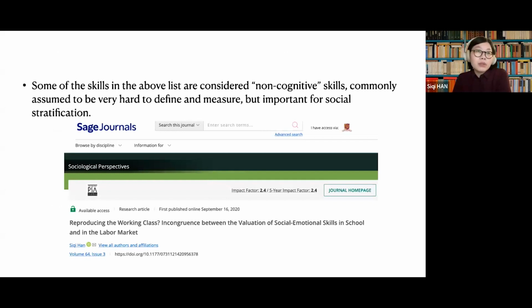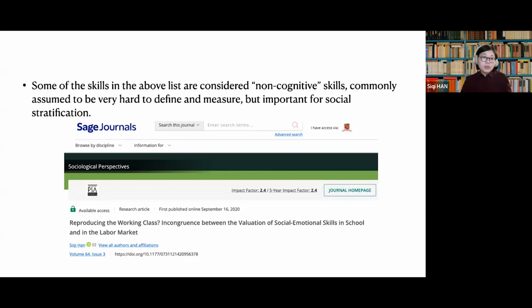Including my own research, we looked at whether non-cognitive skills are important, and also whether their importance differs across different groups. So this paper that I wrote myself looked at whether the returns to social emotional skills are different depending on student SES, the socioeconomic status of students, and whether the same non-cognitive skills that are rewarded in school continue to be highly rewarded in the workplace or not.